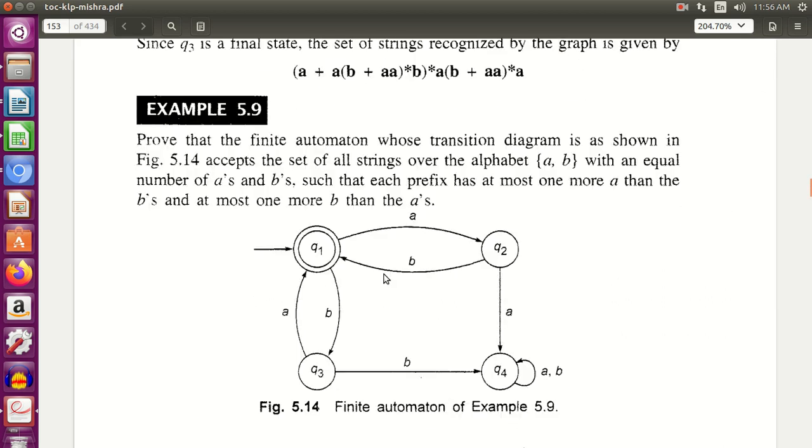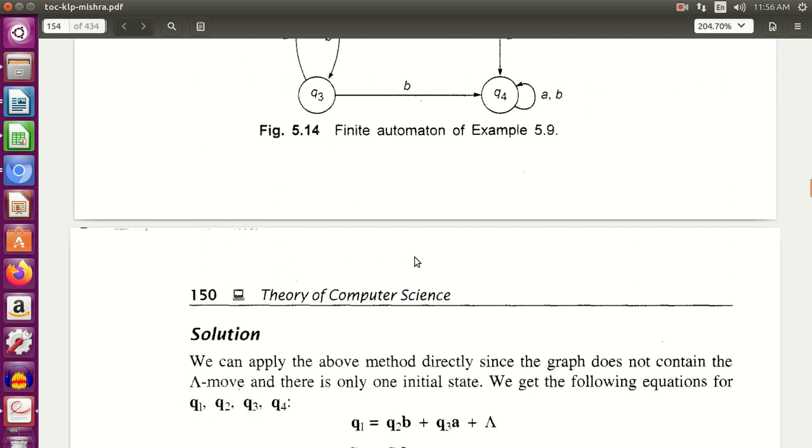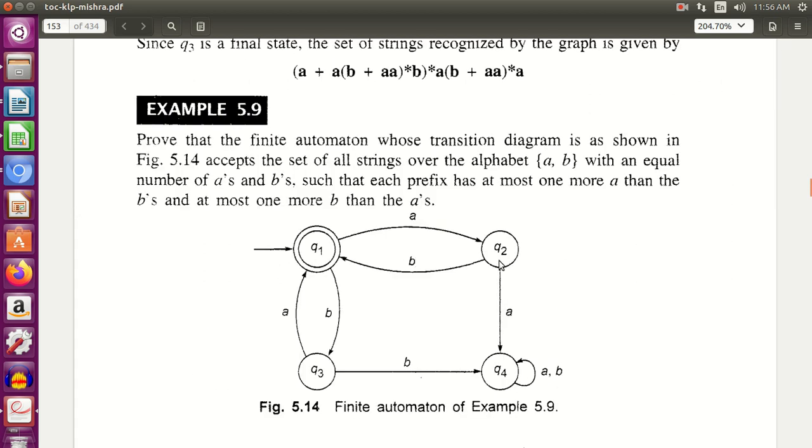Now for Q2, one more thing, students: since our final motive is to find the expression for Q1, we will find out the depending components of Q1. The depending components of Q1 are Q2 and Q3. So next we go on to Q2. What is the expression for Q2? It's Q1A, that's it.